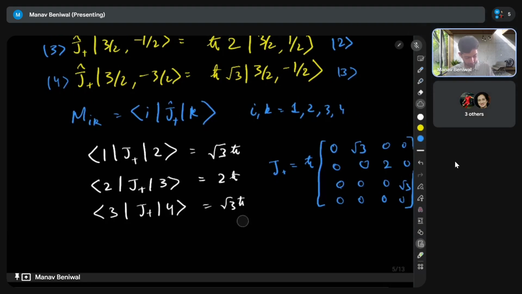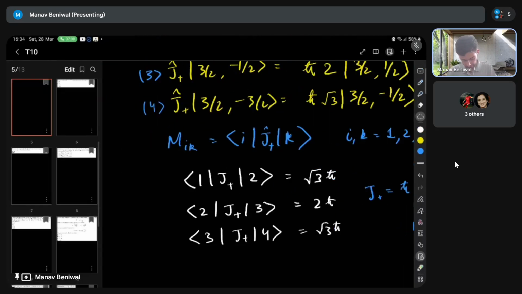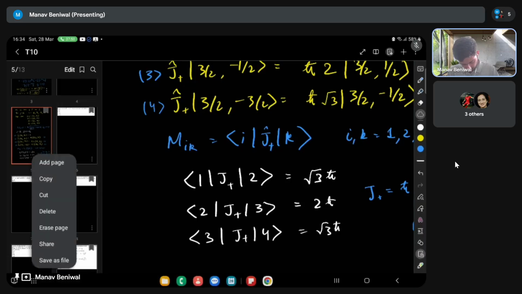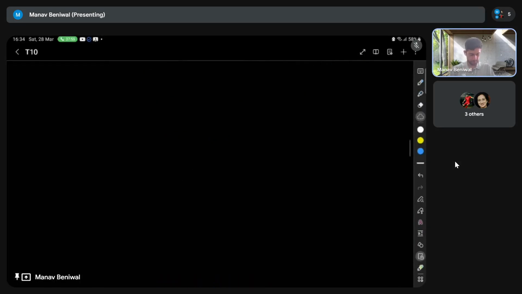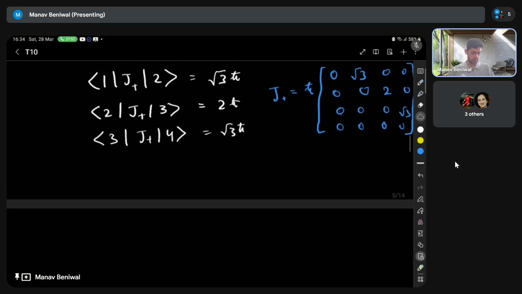Okay, or let me add another page. This is a little long in the derivation, but it's okay. Okay, so we have j plus.